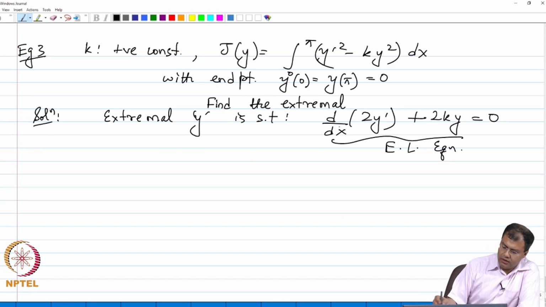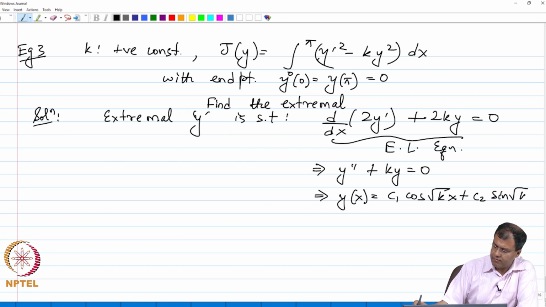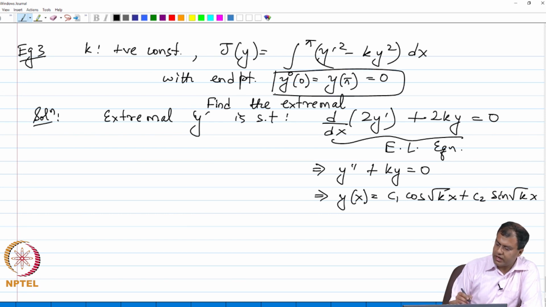Okay. So, once we further simplify this ODE, we see that this reduces to y double prime plus k y is equal to 0, and since this is a homogeneous ODE, the solution will be a linear combination of cos and sine, right. And further we are given these boundary conditions. It turns out that there are two cases.